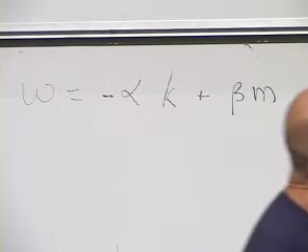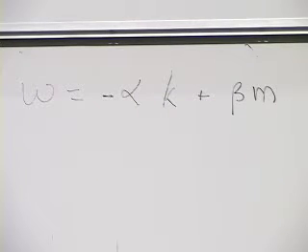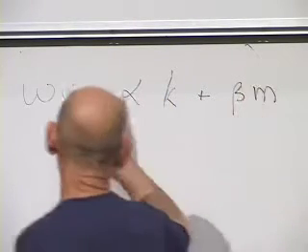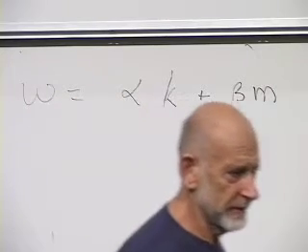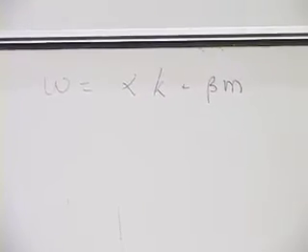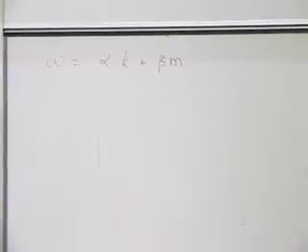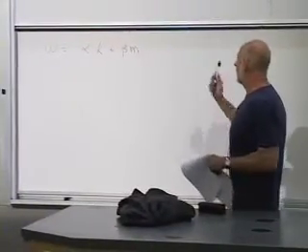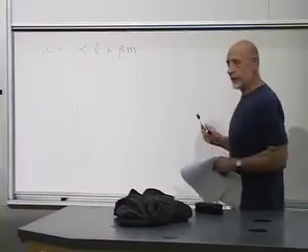Did I leave out the minus? I'm not sure. I've lost track of whether there should be a minus there or not. Maybe not. No, no minus. I take it back. No minus at all. Okay. Omega equals alpha k plus beta m.